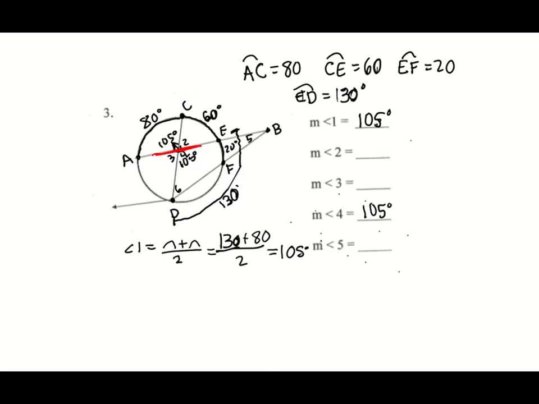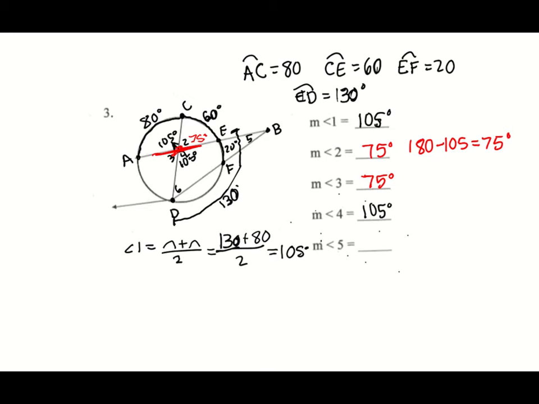So if I have 180 minus 105, that gives me what's left for angle 2, which is 75 degrees for angle 2. And then once I know angle 2, again, I can use my vertical angles to find angle 3, which will also be 75 degrees.